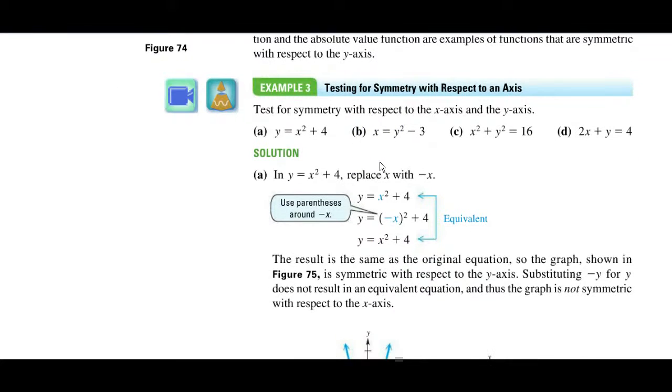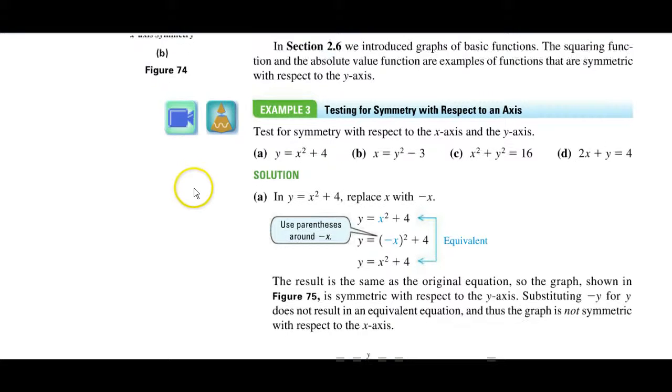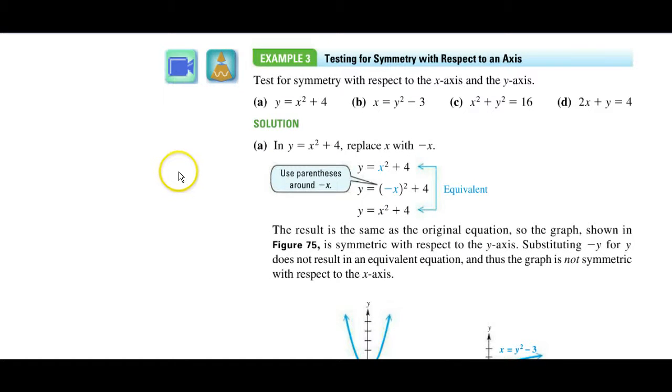All right, we want to test for symmetry with respect to an axis now. Well, of course you might graph it. Now, in your quiz bee in practice, you'll be working out examples, so you need a technique to resolve the questions they're asking.